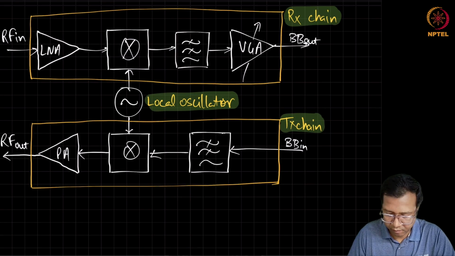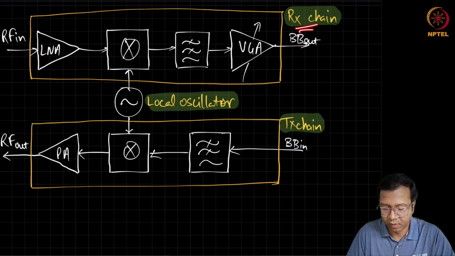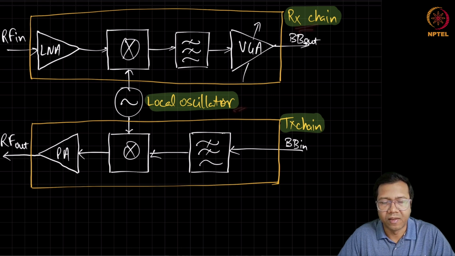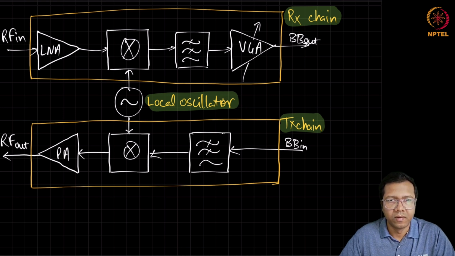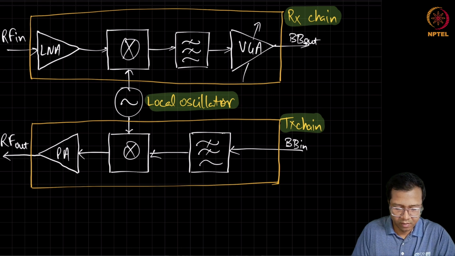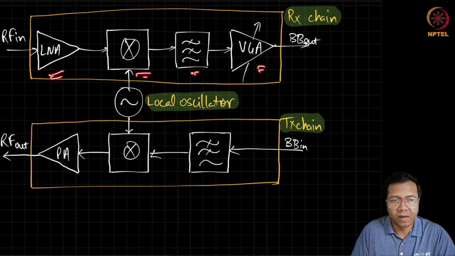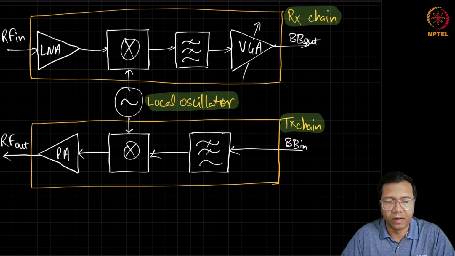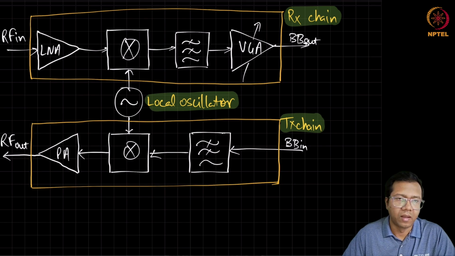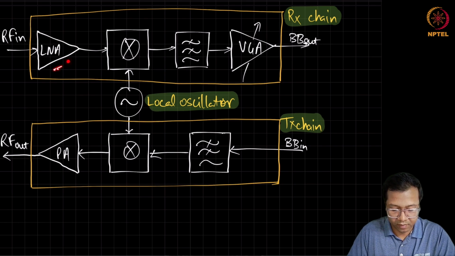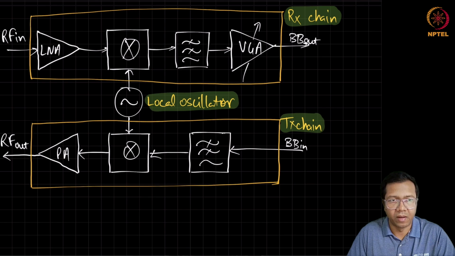Fourth week onwards, we will start looking into the details of the receive chain, transmit chain, and the local oscillator. Starting with the receive chain, we'll see what kind of building blocks are required to realize a receiver. For example, a simple receiver may have a low noise amplifier followed by a mixer, filtering, and a variable gain amplifier to generate the baseband analog output.